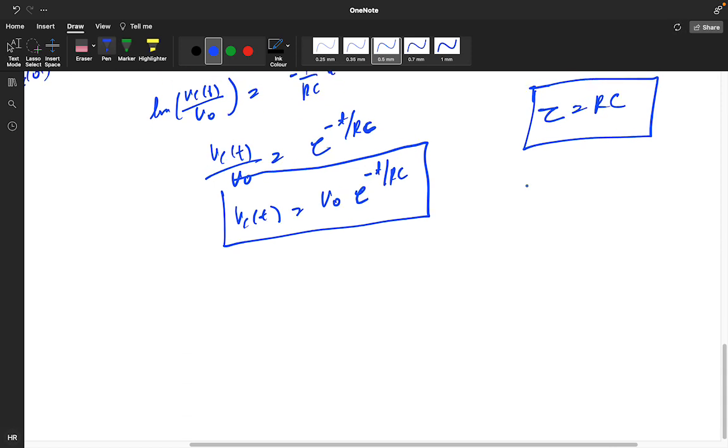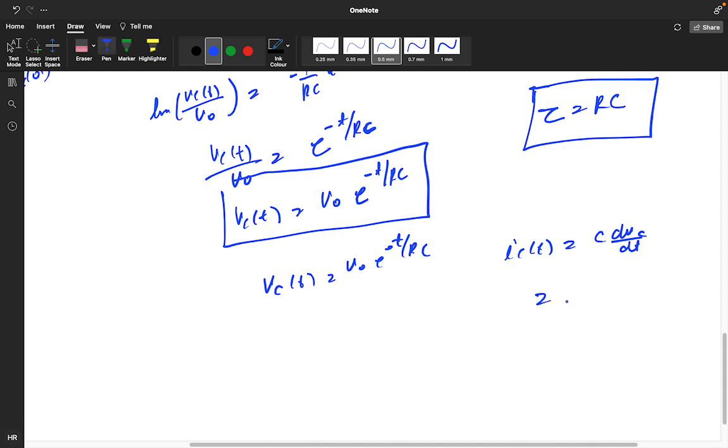Now you got the value of VC of t, V naught e power minus t by RC. So what will be the value of IC of t? C dVC by dt, so C into d by dt of the VC value, V naught e power minus t by RC. You will see automatically your capacitor current direction will change from positive to negative after solving this.